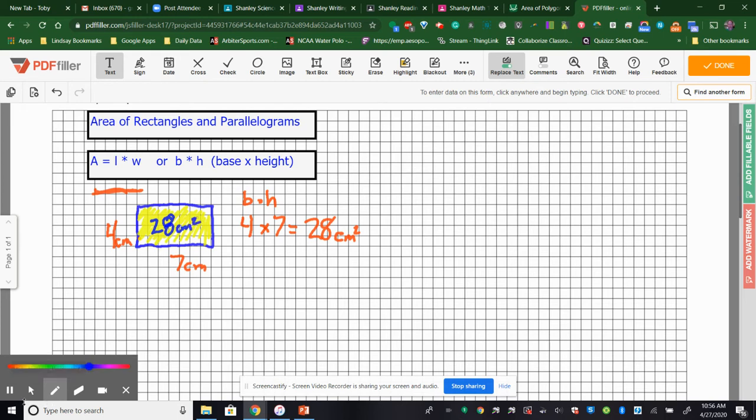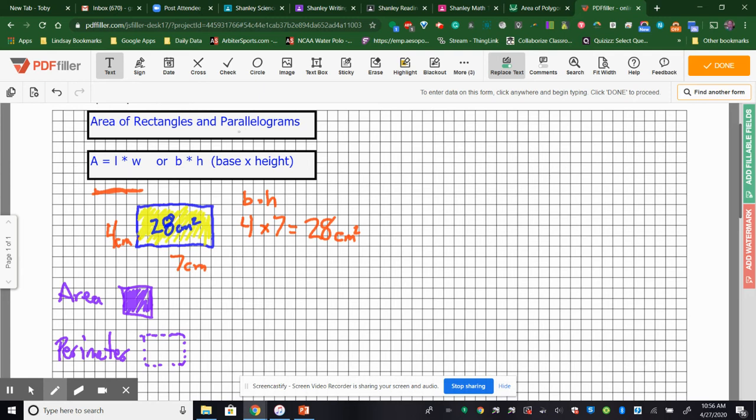Okay, so that's another thing to remember, so we're not confused: area refers to everything on the inside. There's that other measurement term called perimeter, and that's the outside all the way around. So they're two different things.